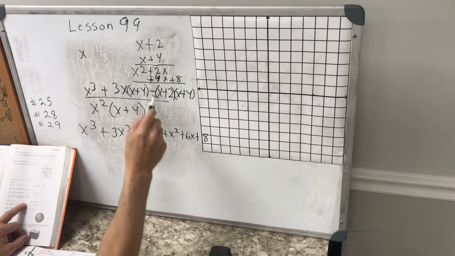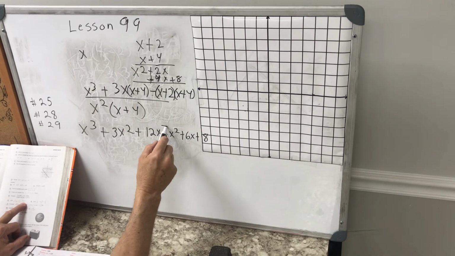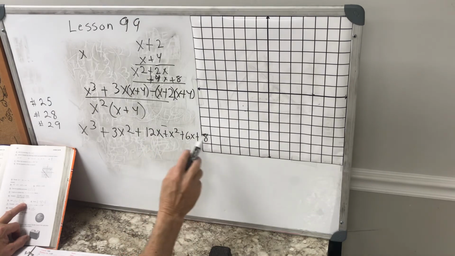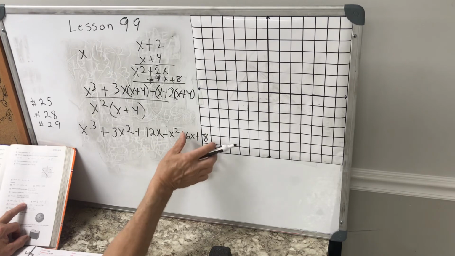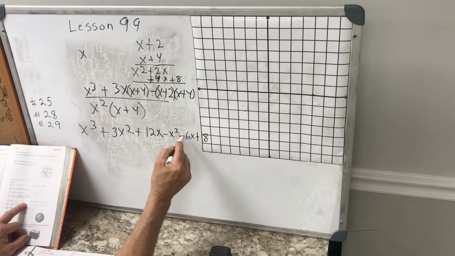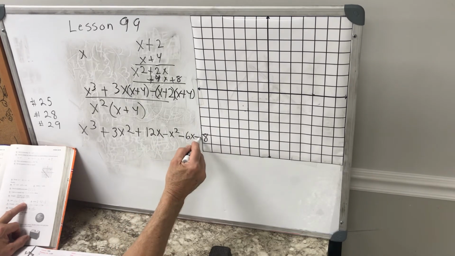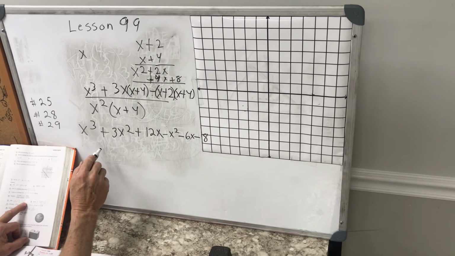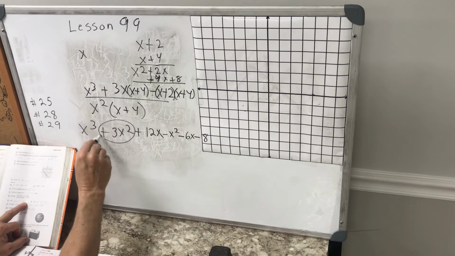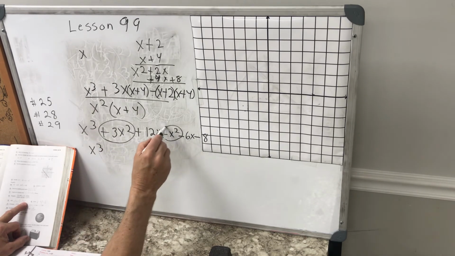But don't forget we had a negative here. We had a negative sign, so that's going to change every one of these signs behind it. Now we have a negative x squared, we have a negative 6x, and a negative 8. Okay, let's combine like variables with their exponents. We have an x cubed, here's a 3x squared, and a negative 1x squared.